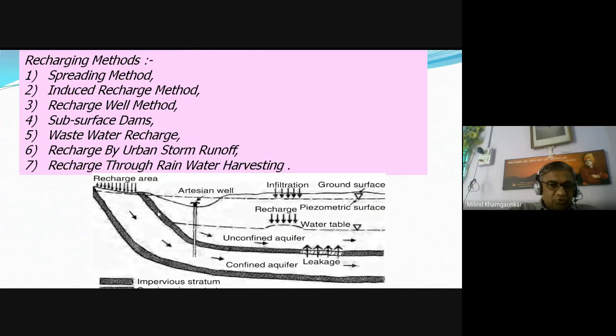Also through certain recharge areas where the confined aquifer meets the ground cross section, that area is a percolated area, a permeable strata, through which the water reaches the confined aquifer. So all this is being taken out through all these 7 methods.